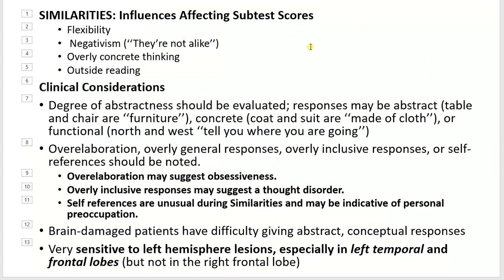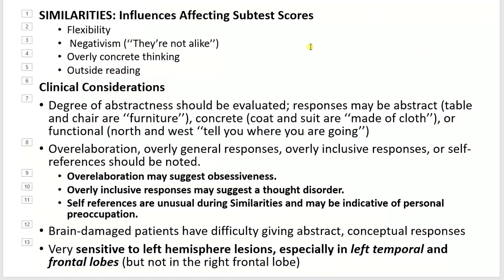On the other hand, if you are responding with negativism, you say they are not alike, sometimes this type of response may come in pathological cases. Or if overly concrete thinking is there, then one will say that both are long, both are made of plastic, steel, like that.